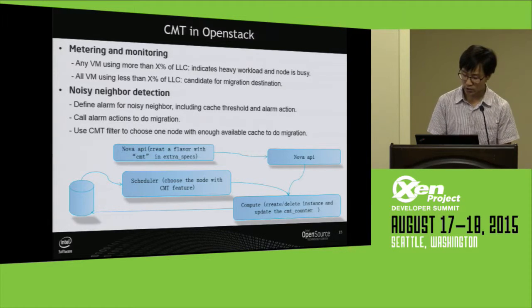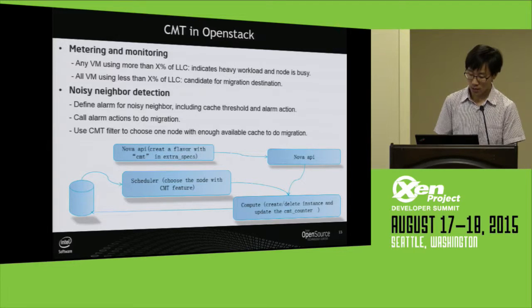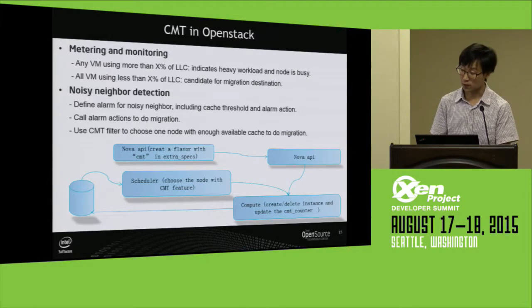The second usage is what I call noisy neighbor detection. The idea behind this is if the cache used by a VM reaches or even exceeds a threshold value, we are notified.